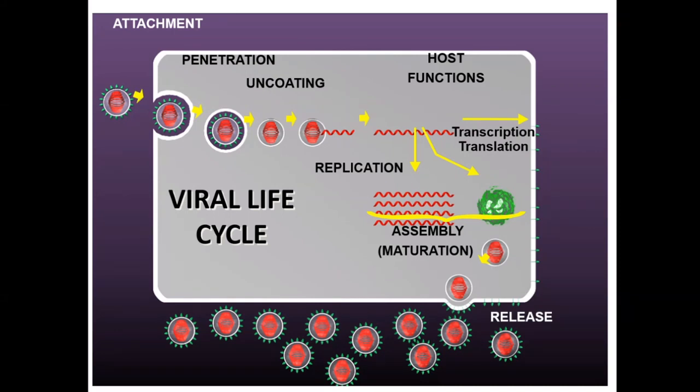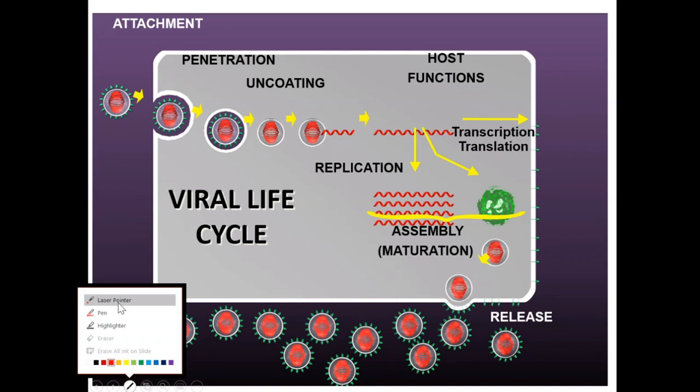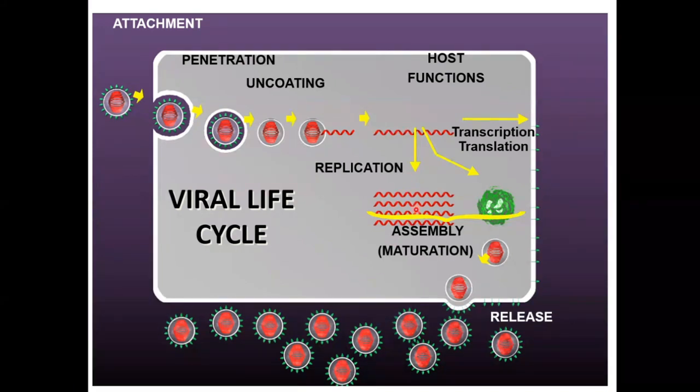Then there is replication. Replication is increasing the number of this nucleic acid in many nucleic acid to allow each viruses synthesized to have its own nucleic acid. Then after replication, there is assembly.